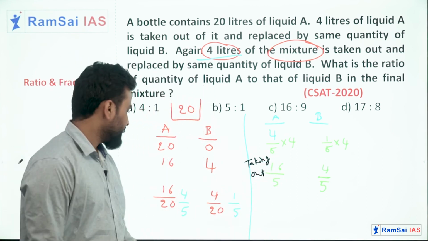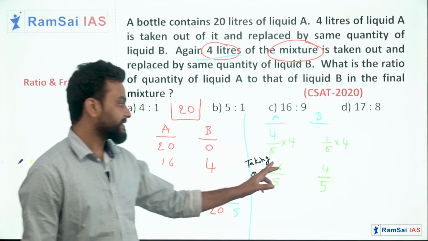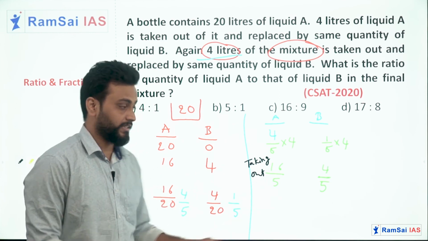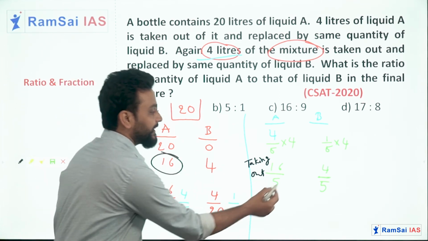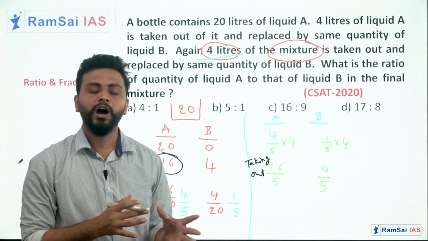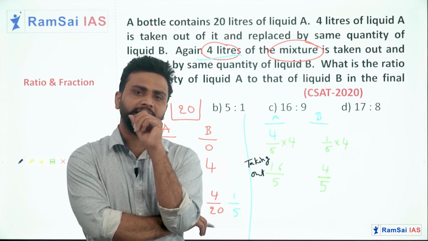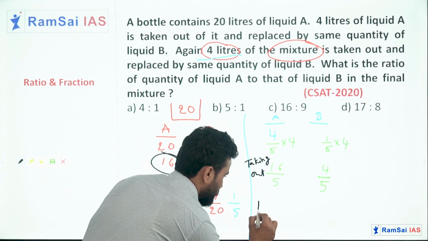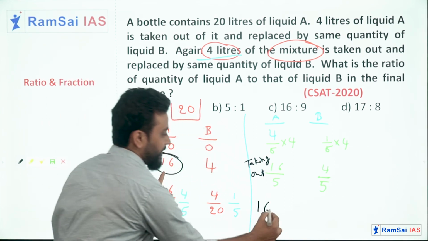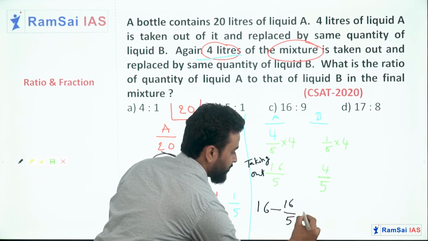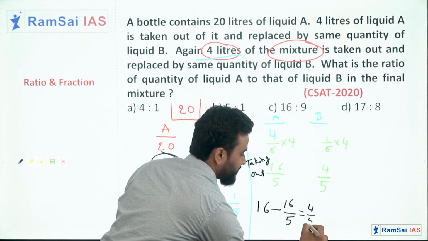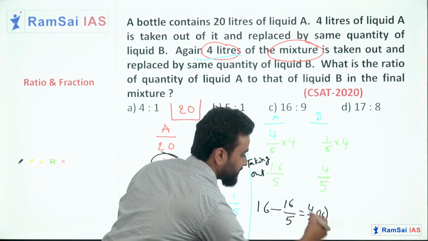Initially it has a total of 16 liters. If I take 16 by 5 out, how much of liquid A will remain in the vessel? 16 minus 16 by 5. How much will it be? 4 by 5 of 16. Yes or no?